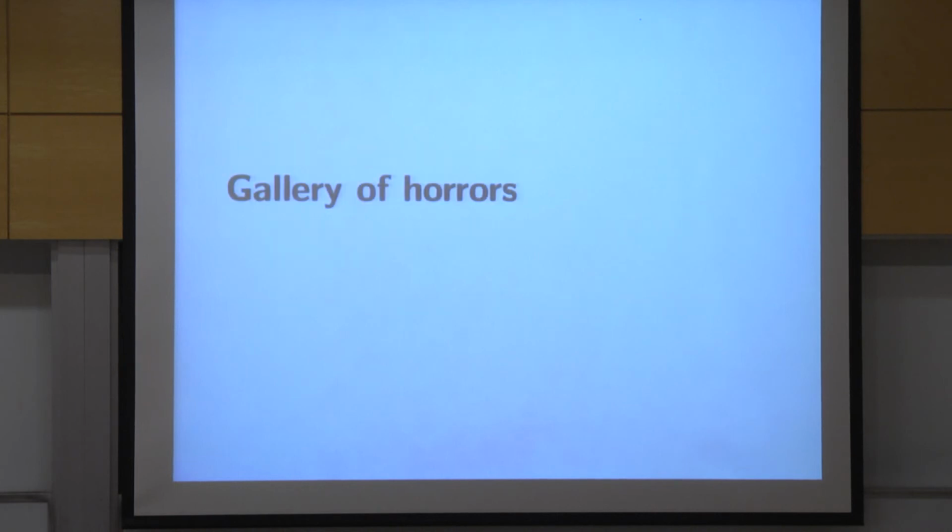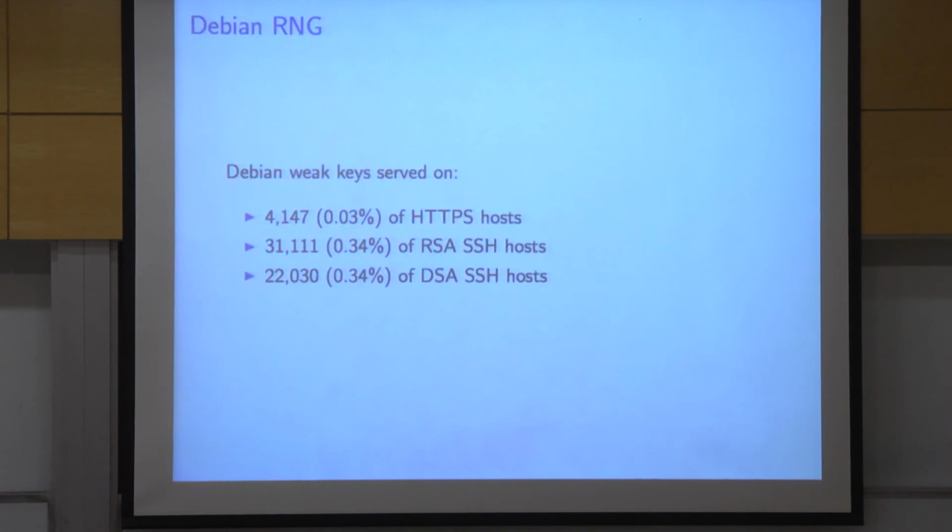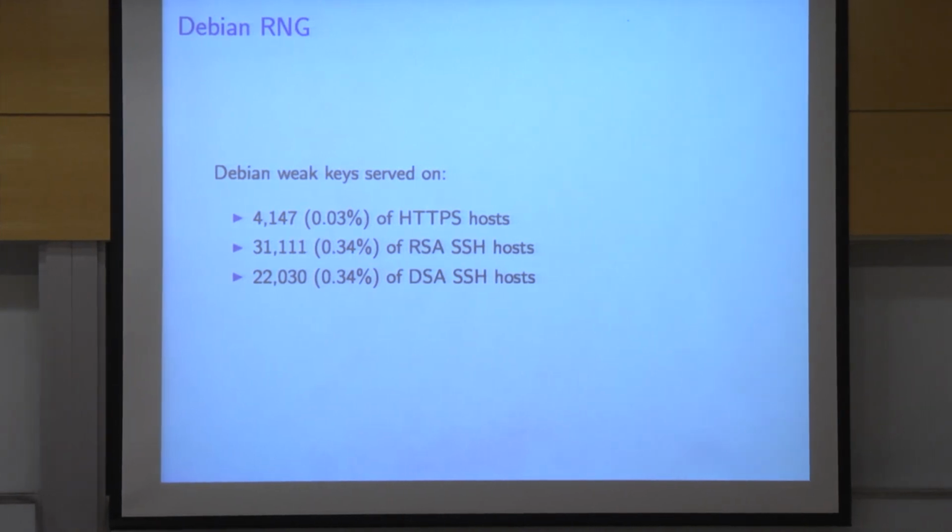So I'm going to finish up here with a brief gallery of horrors of some of the things that we found when looking through these key databases. First, one of the most infamous entropy problems that has happened in recent history, the Debian random number generation failures.